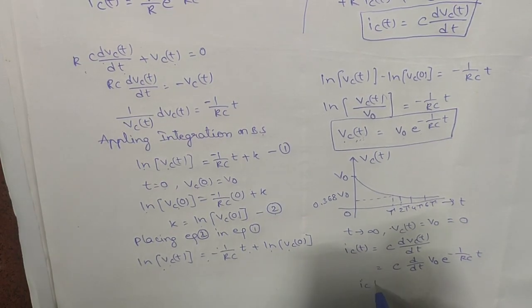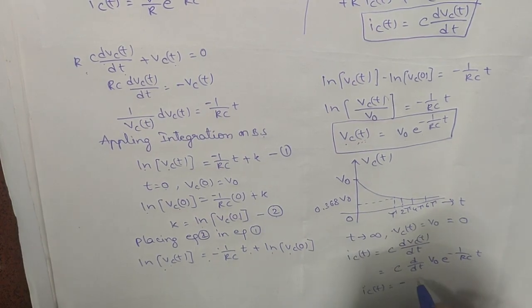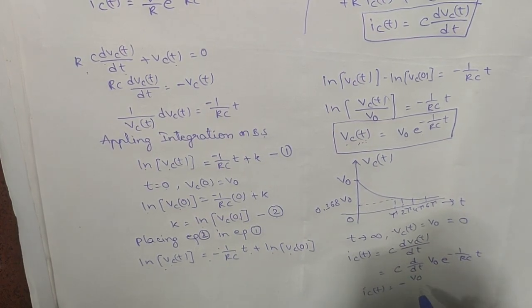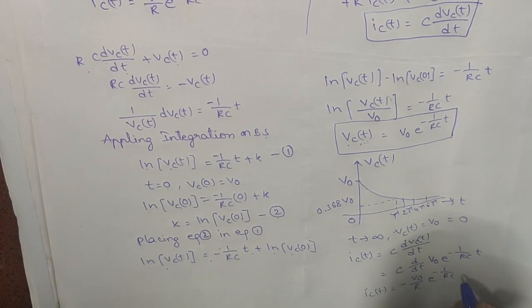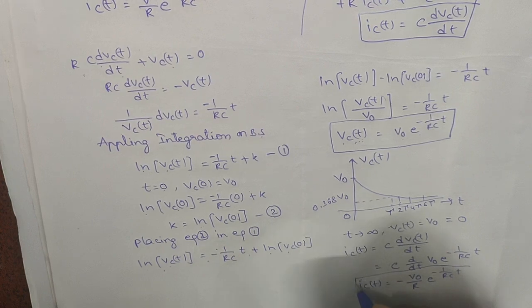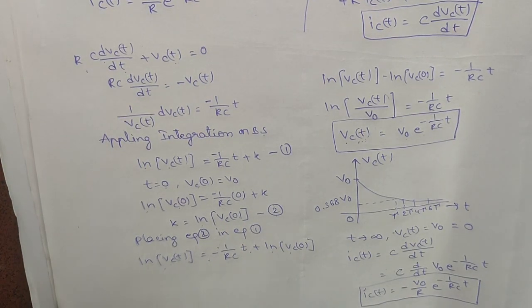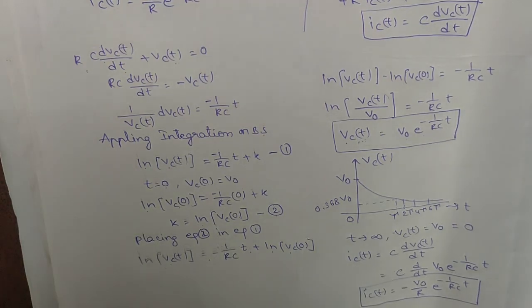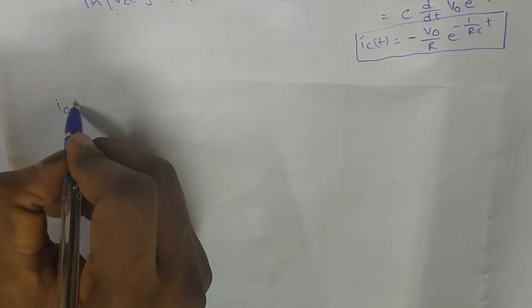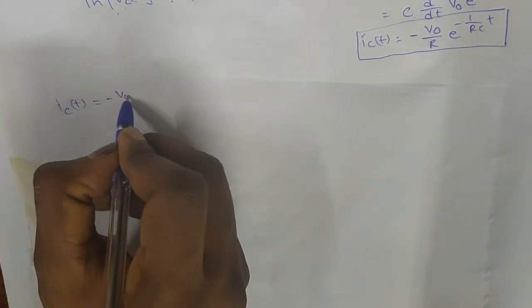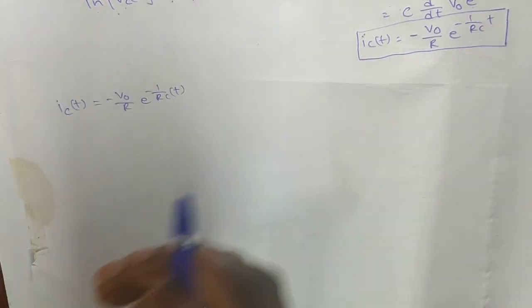By doing this, Ic of t will be minus V naught by R into e power minus 1 by RC into t.